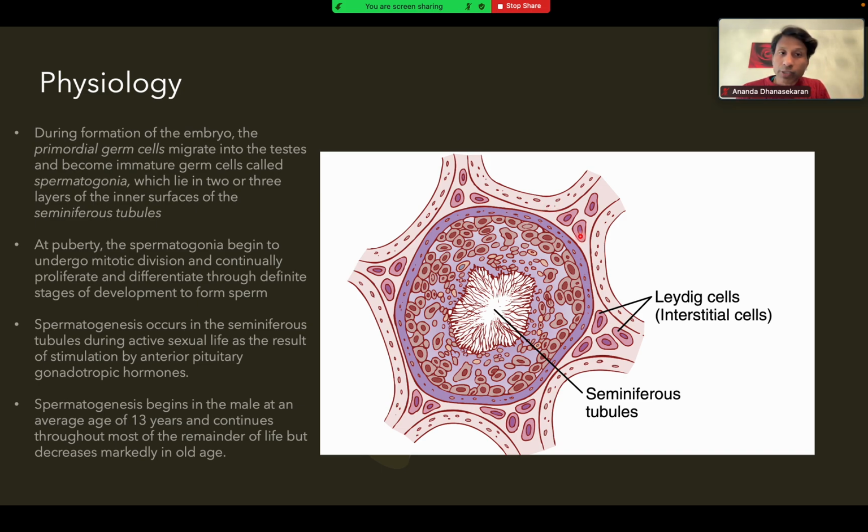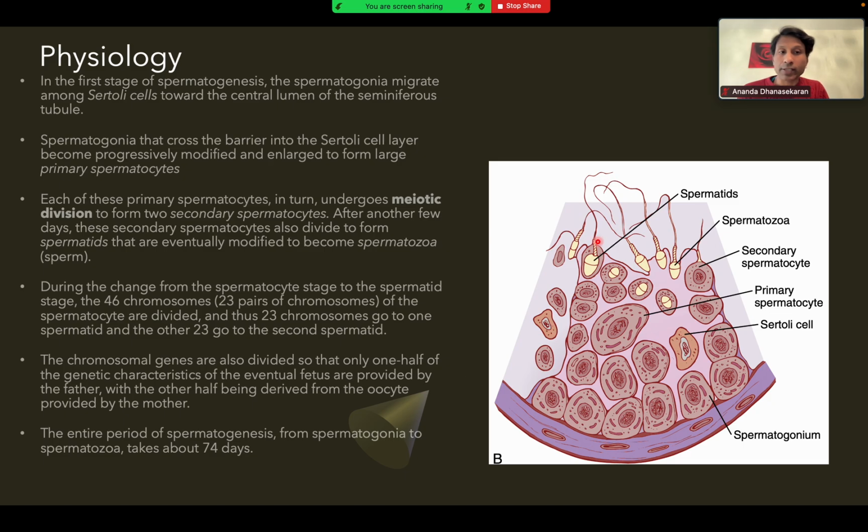Now we understood the cross section of the spermatogonia and the seminiferous tubules. Now I'm going to take the cross section like this. Understand that in the next slide we are going to see a cross section in this area.